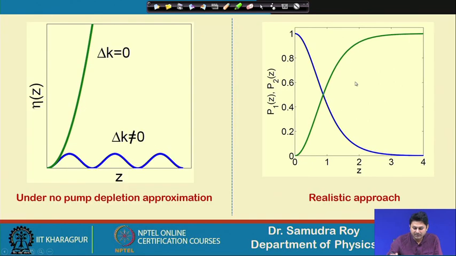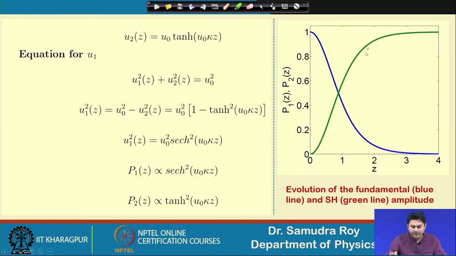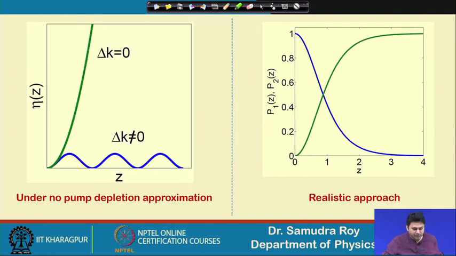So, the addition of these two points is basically constant. That is how we figure out the total energy conservation condition. If I add these two curves, we get a constant value, and in this case this constant value is 1.